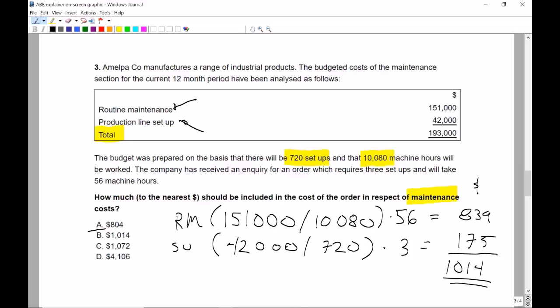So the answer, guys, is answer B. Again, if you thought this question was quite similar to an activity-based costing question, you are correct. The techniques that we use are similar for solving both types of problem.